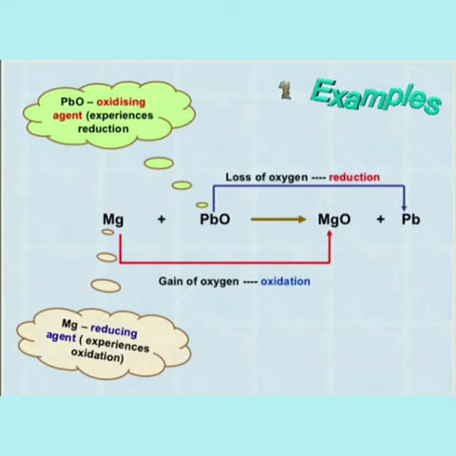So it is very clear that in this reaction, magnesium is getting oxidized as it is gaining one atom of oxygen and acting as a reducing agent. And lead oxide is acting as an oxidizing agent as it gives oxygen. Since it loses an atom of oxygen, it is getting reduced.